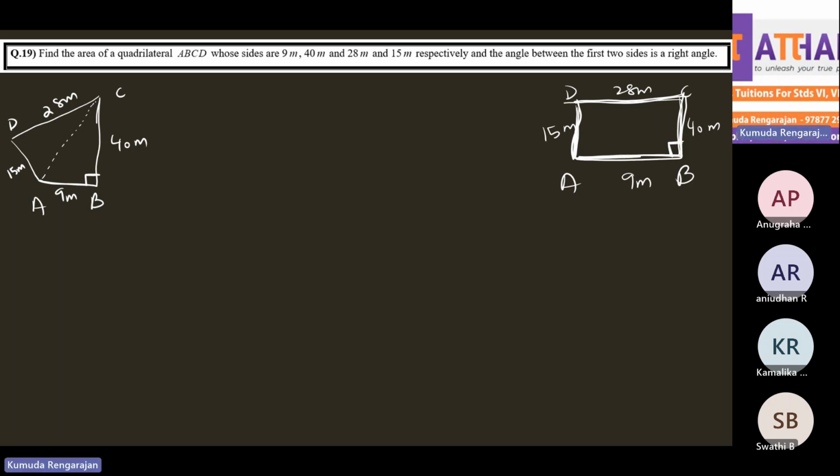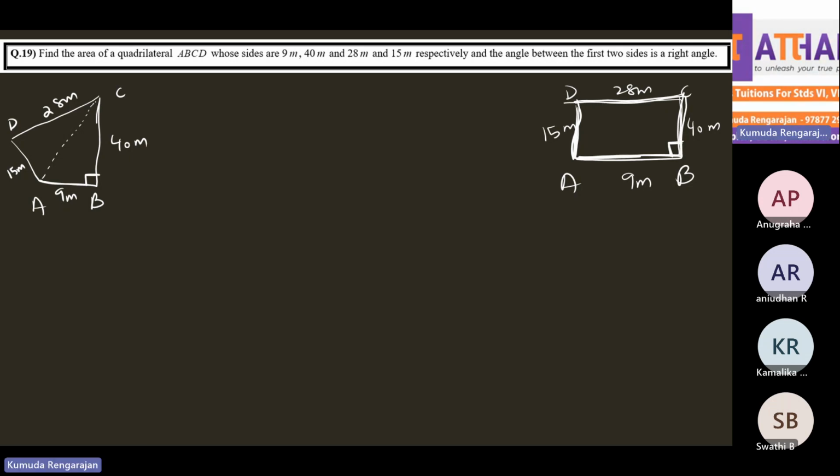I will also tell you. Use this triangle, the right triangle. Which is the right triangle?